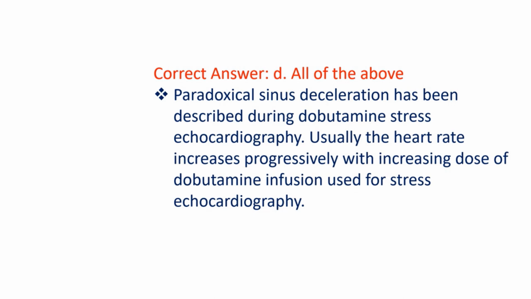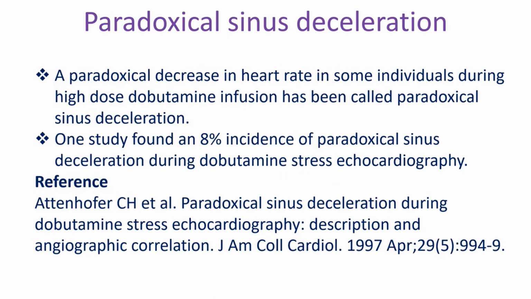Paradoxical sinus deceleration has been described during dobutamine stress echocardiography. Usually the heart rate increases progressively with increasing dose of dobutamine infusion used for stress echocardiography. A paradoxical decrease in heart rate in some individuals during high-dose dobutamine infusion has been called paradoxical sinus deceleration.